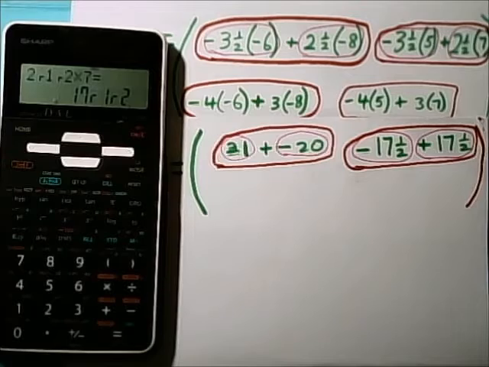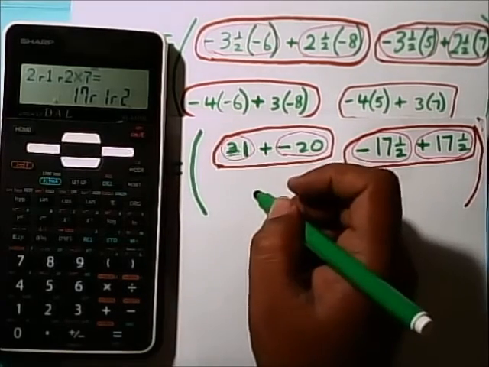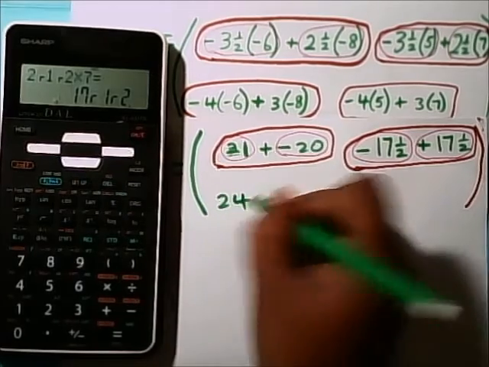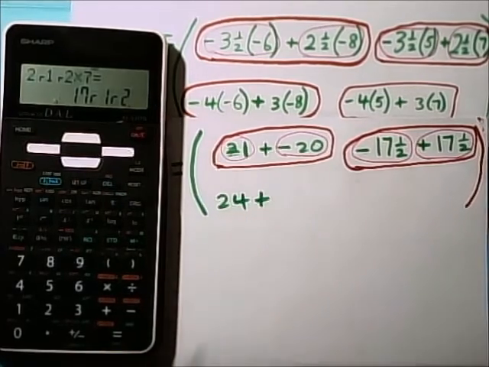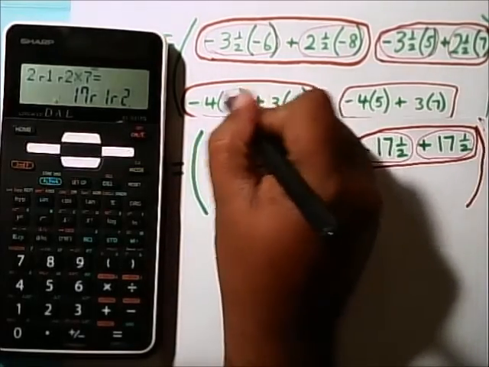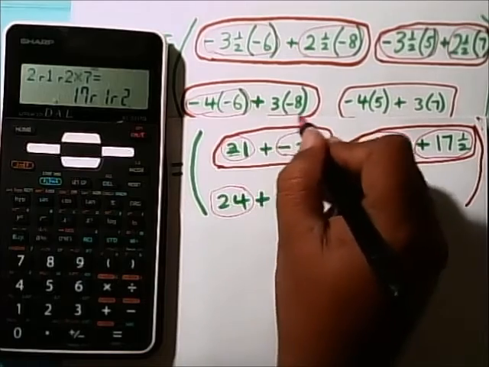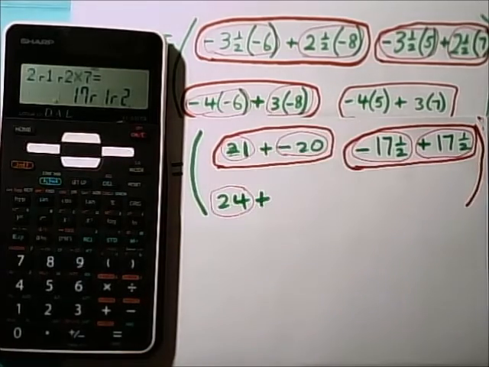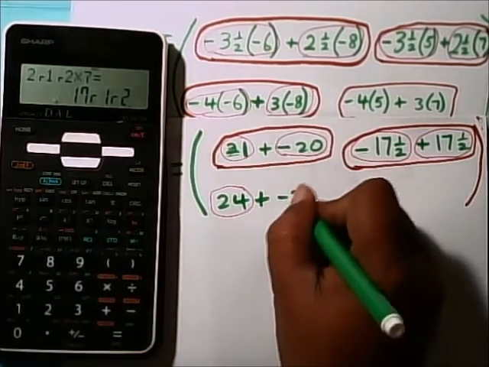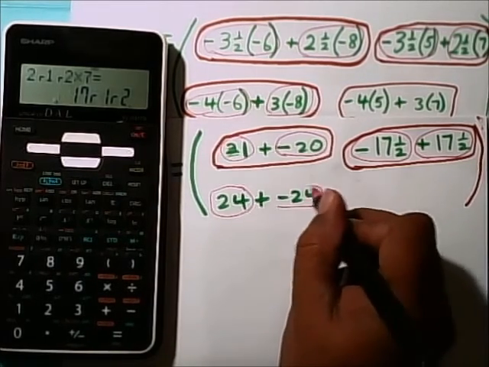Let's continue now. Minus 4 times minus 6 is 24, plus, and 3 times a minus 8 is a minus 24. That gives us this answer there.